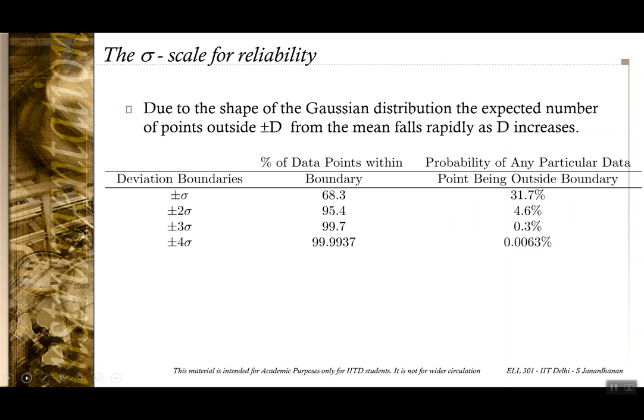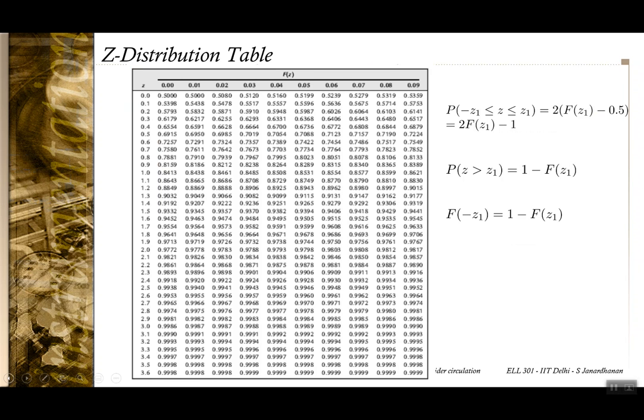Due to the shape of the Gaussian distribution, the expected number of points outside plus or minus d is going to fall really rapidly as d increases. This can be seen quite easily. As z changes, let us say you want to see the number of points between minus z1 and z1.